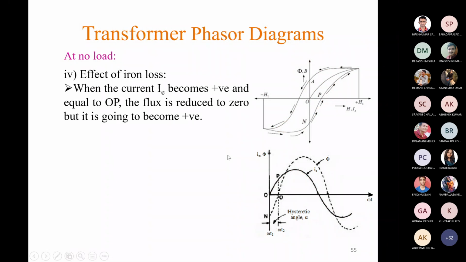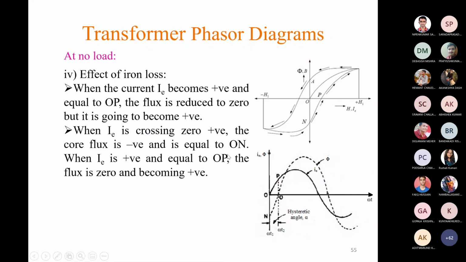At this point the current has positive magnitude but the flux is 0.